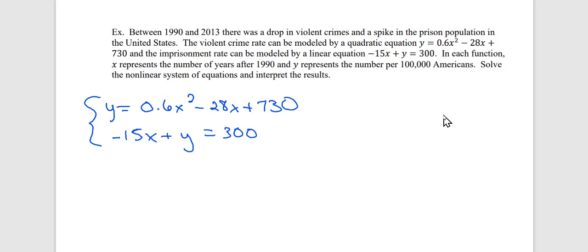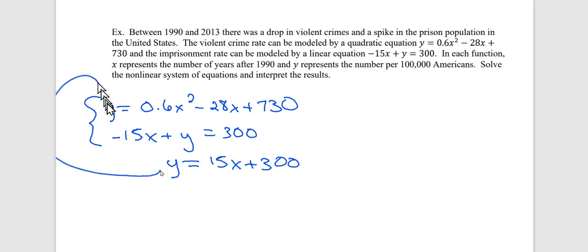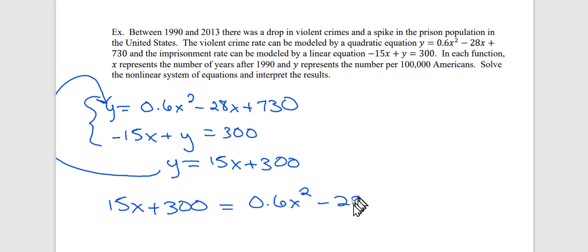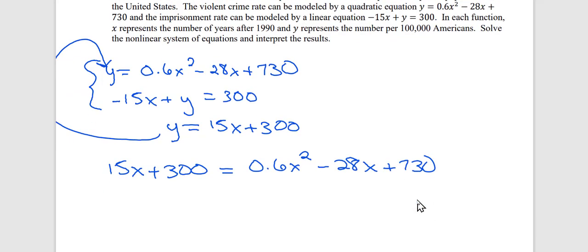What do we get? I'm going to say y equals 15x plus 300, and I'm going to take that and substitute it in for this y. So I get 15x plus 300 will equal 0.6x squared minus 28x plus 730.